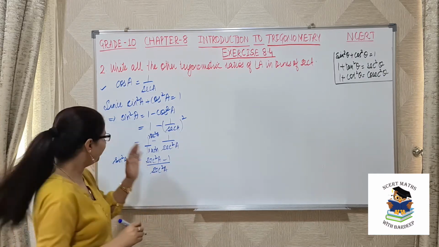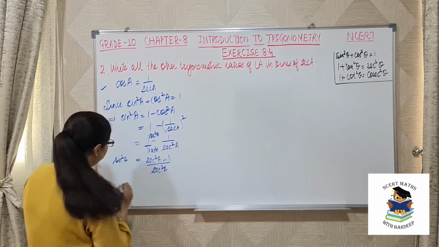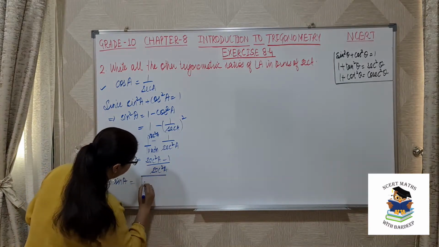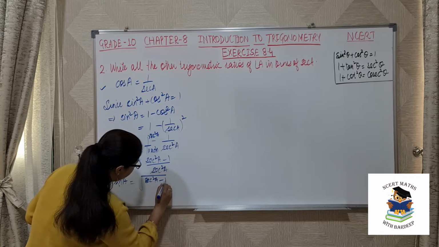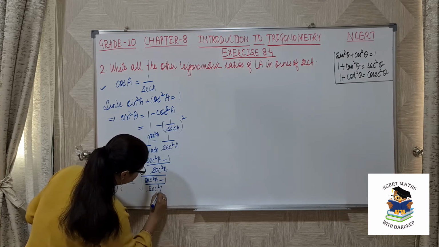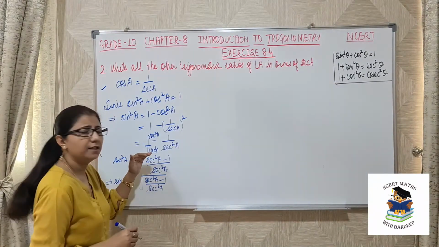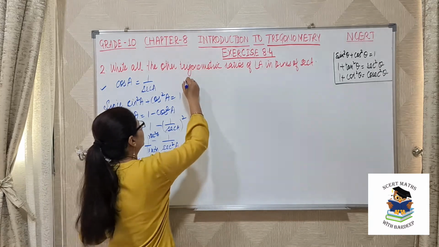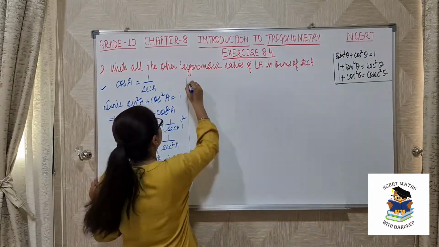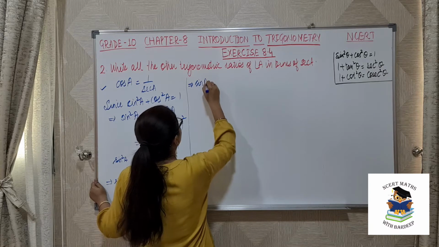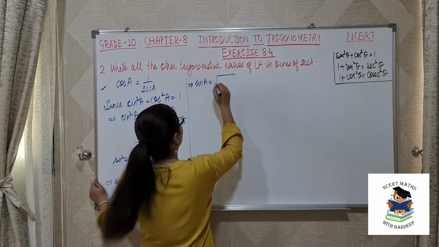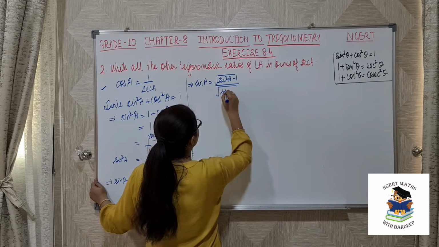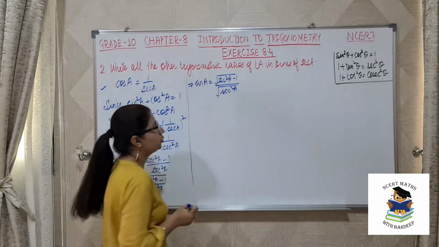So how to find sine A now? Take the square root of this. This implies sine A is equal to square root of secant square A minus 1 over secant square A. Since this is the square root of both numerator and denominator, I can write this separately. So sine A is equal to square root of secant square A minus 1 over square root of secant square A. Why am I doing this?